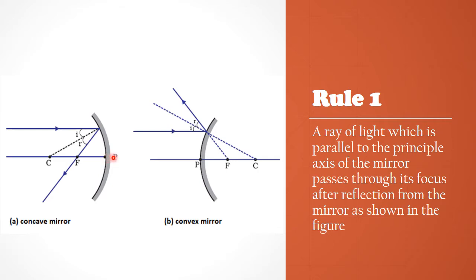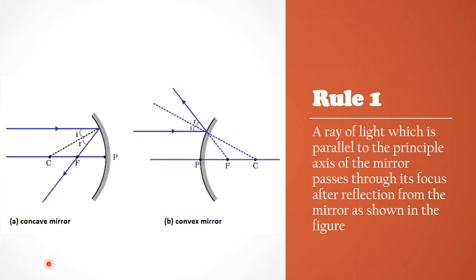The mirror has a center which is known as your pole, and it is denoted by capital P. This reflecting surface has a center, known as your center of curvature, denoted by capital C. Next, this concave mirror has a focus which is denoted by capital F. A line which passes through the center of curvature, your focus, and the pole is known as your principal axis.